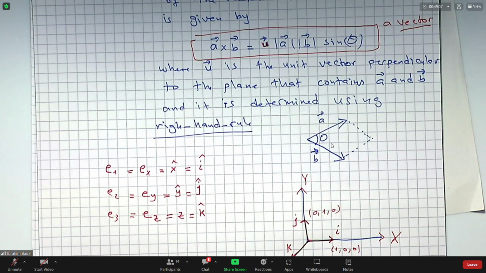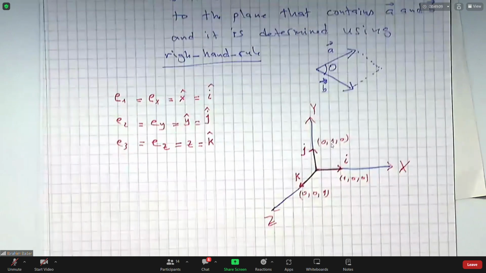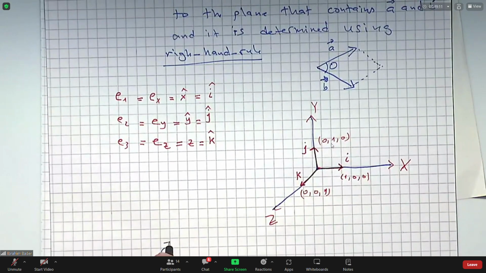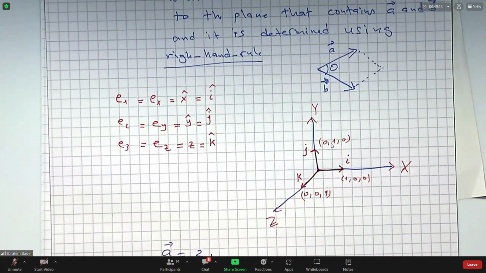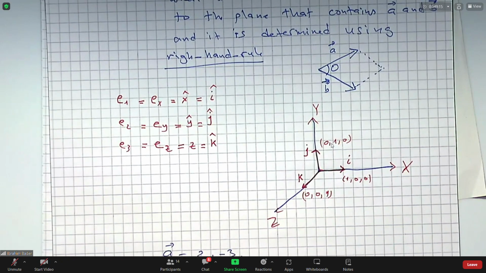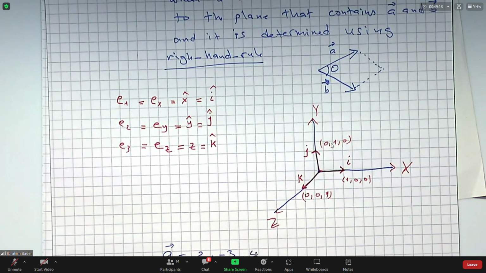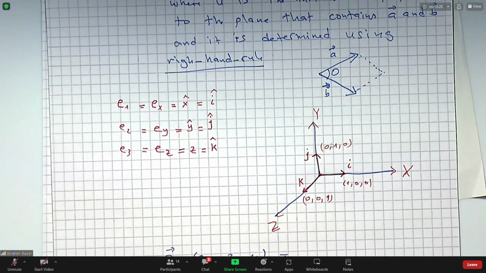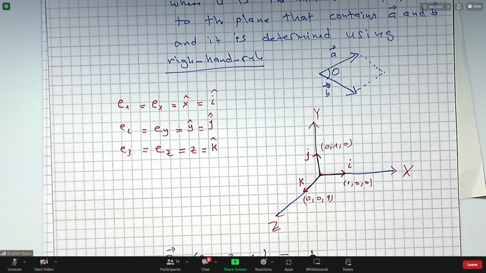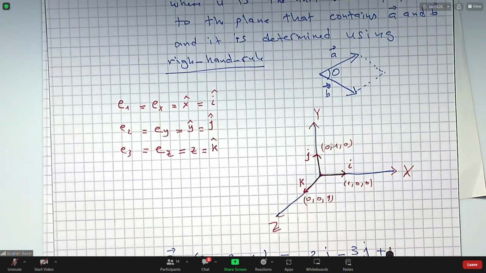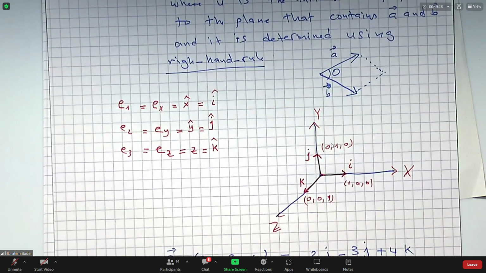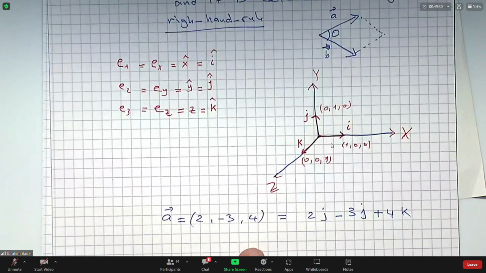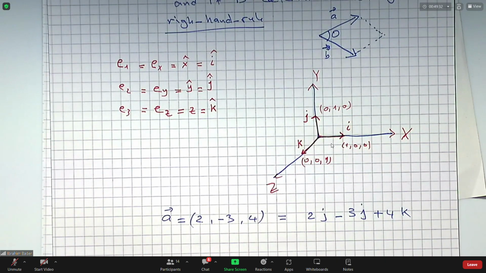So from now on, for instance, the vector A equals (2, -3, 4), let's say. We can write it as 2i minus 3j plus 4k. I hope that everyone is fine with this notation.